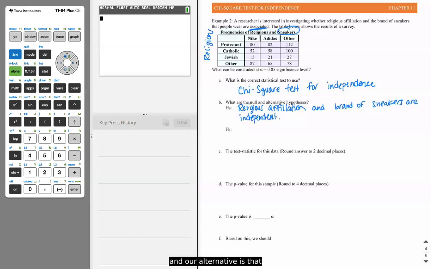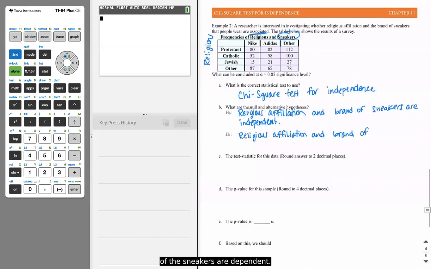And our alternative is that religious affiliation and brand of sneakers are dependent.